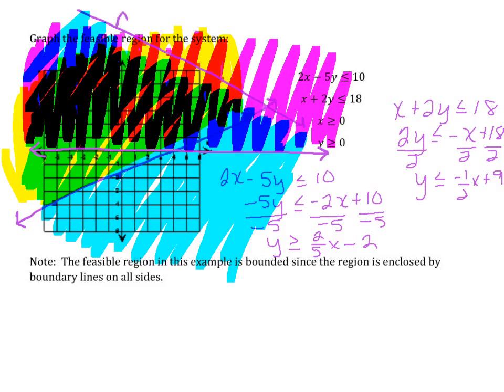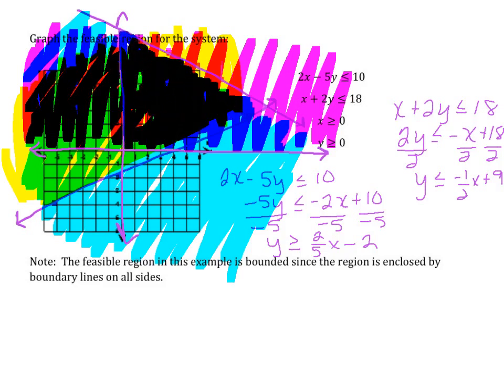So we also have to shade over here. So notice where it's all black here. In this region, the middle region here, is the region in which they are enclosed. So this feasible region is bounded, since the region is enclosed by boundary lines on all sides. Okay, so it's in the middle of all this stuff happening.